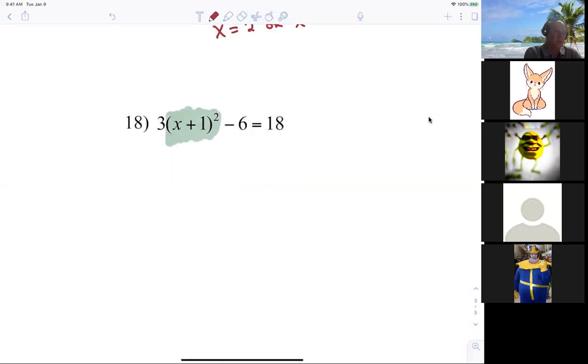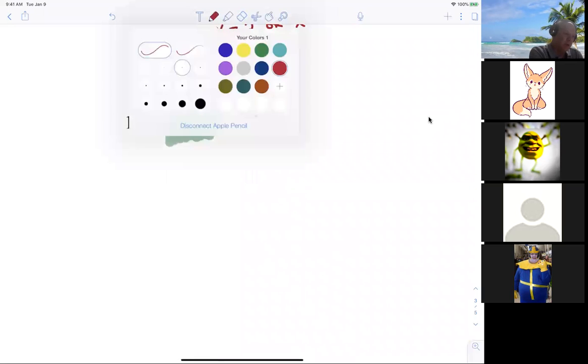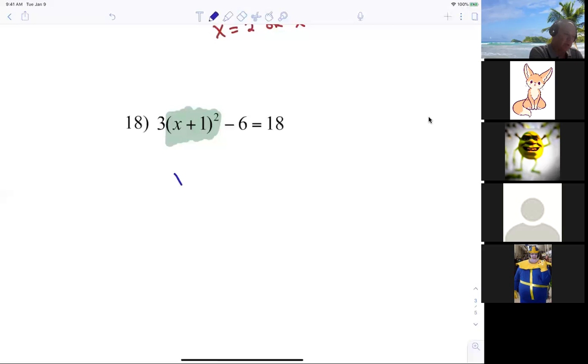So if we isolate the square term, we're going to add 6, and then we divide by 3. So everyone in here is using good mental math. So everybody should be able to look at that and just say x plus 1 squared equals 8. Now speak up if you don't see how I got the 8, please. Add 6, divide by 3.